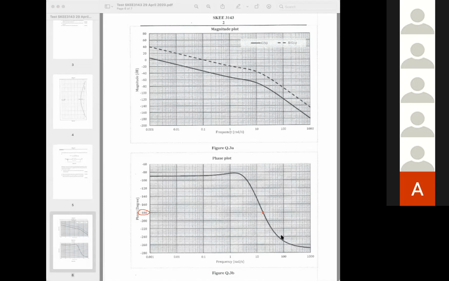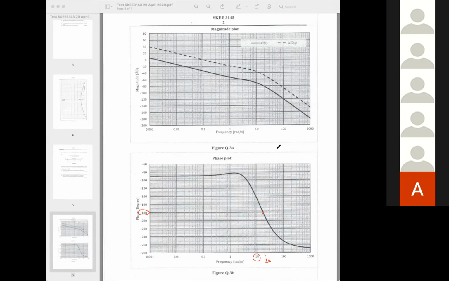It's not 19, it's a log scale. This is 10, this is 20, am I right? So it's 19 or 18, 18.5. Okay, 18.